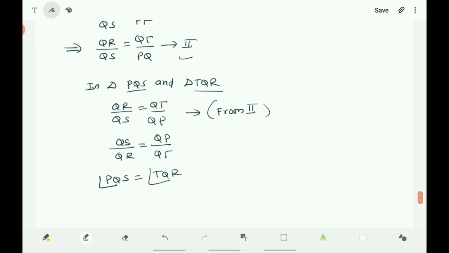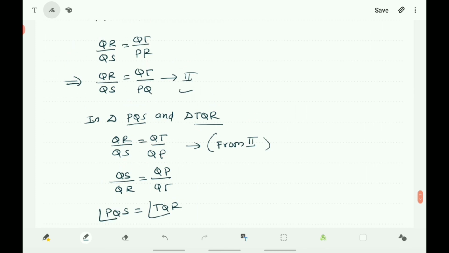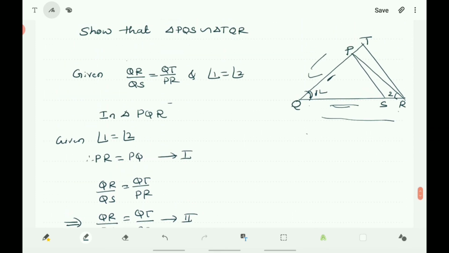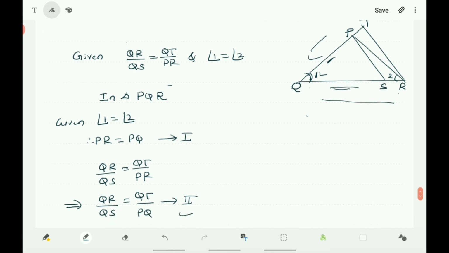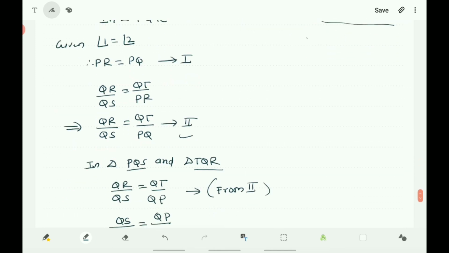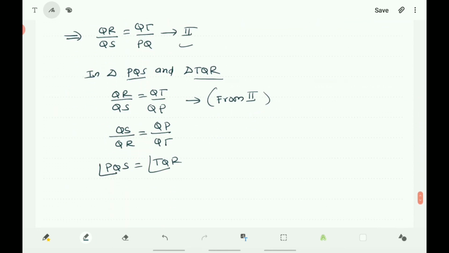So this becomes the included angle of the sides of triangles PQS and TQR, which are in the same proportion. That is the reason you can give common angle. This is the common angle of both the triangles. So you got these sides in proportion, and this angle.